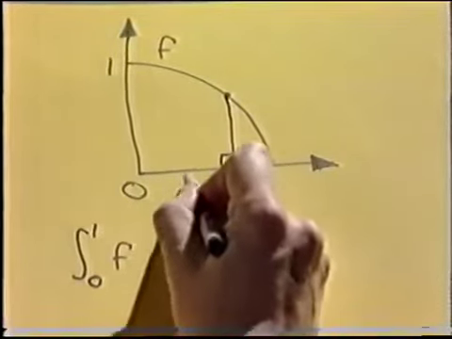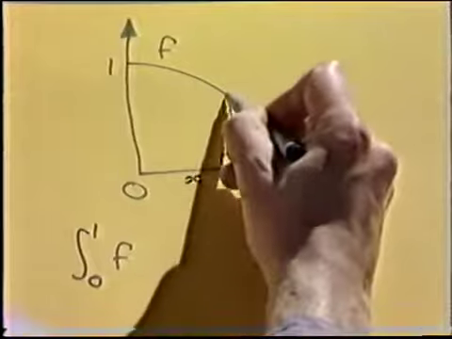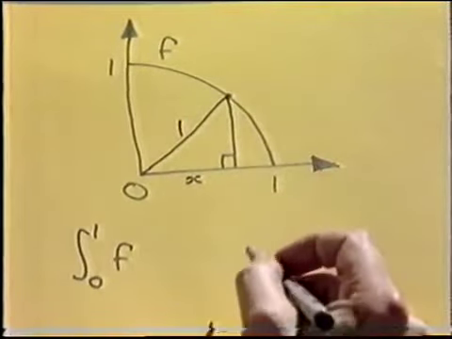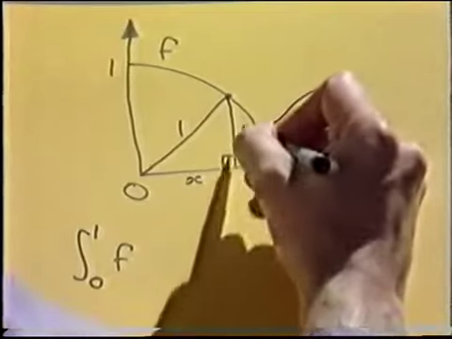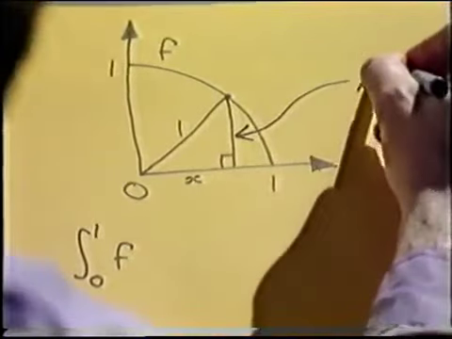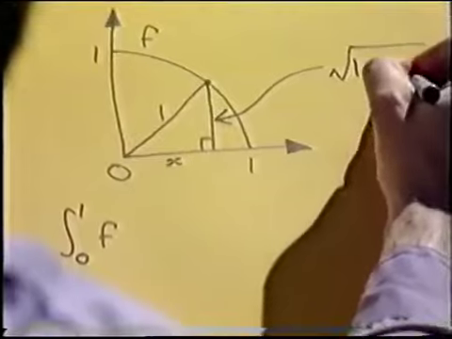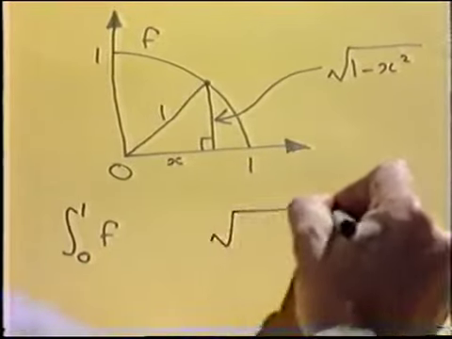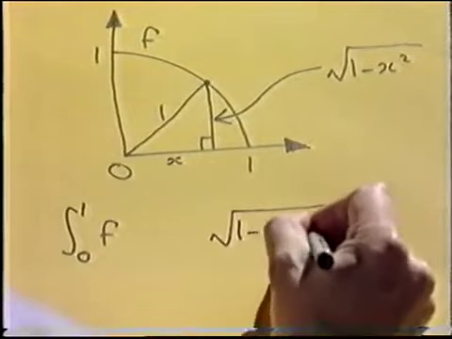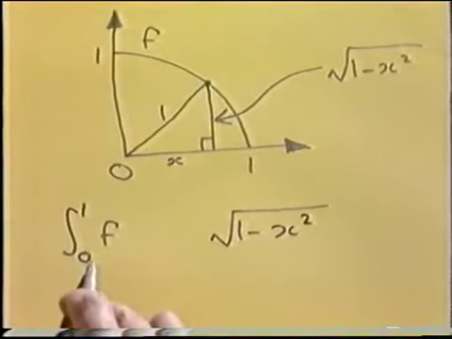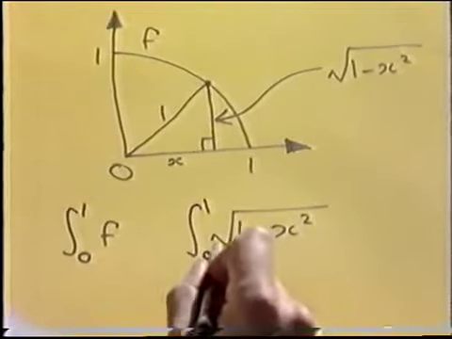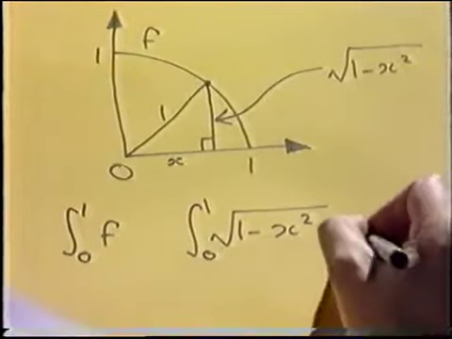This distance is x, and this is 1, the radius of the circle. So by Pythagoras, this distance must be the square root of 1 minus x squared, which means that f of x is root 1 minus x squared. So what we want is the integral between 0 and 1 of root 1 minus x squared dx.